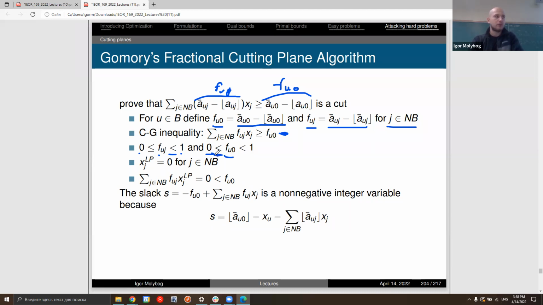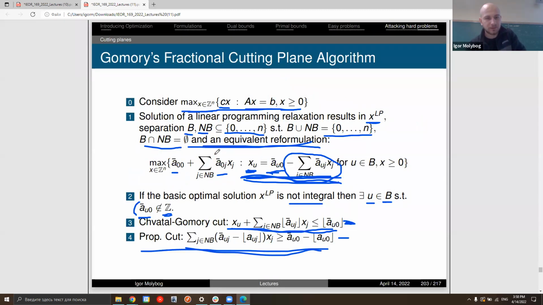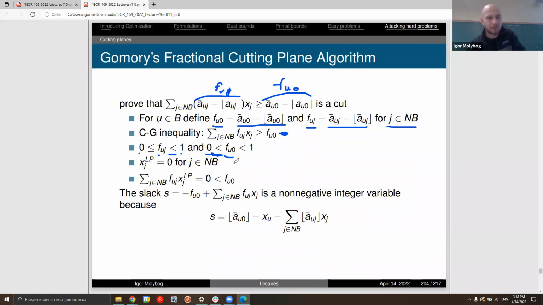Why is it not less than or equal? It's specifically for this u. Well, it's because we have assumed that u bar is a fractional number. Like we have shown that there is one.